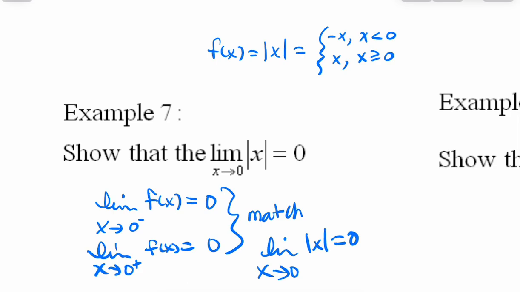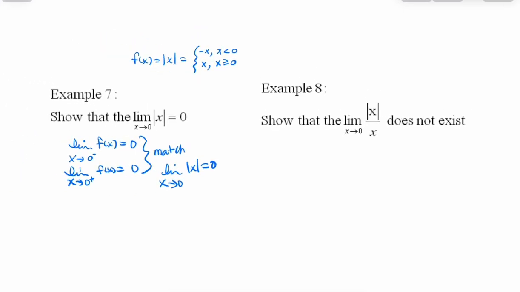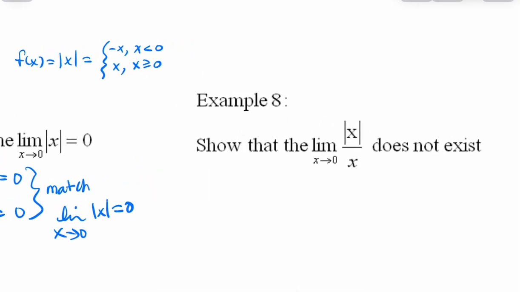Now here's the one that doesn't quite live up to what we want. So let's look at how example 8 is different. We're still approaching 0. We've got an absolute value, but we have an absolute value over x. I'm going to call this g of x.